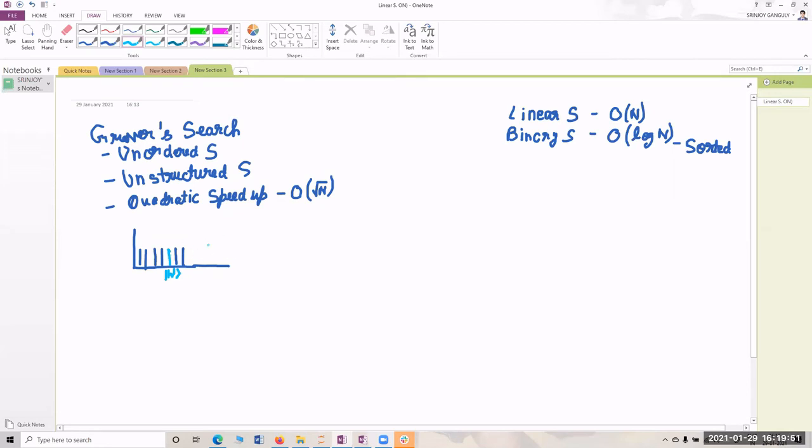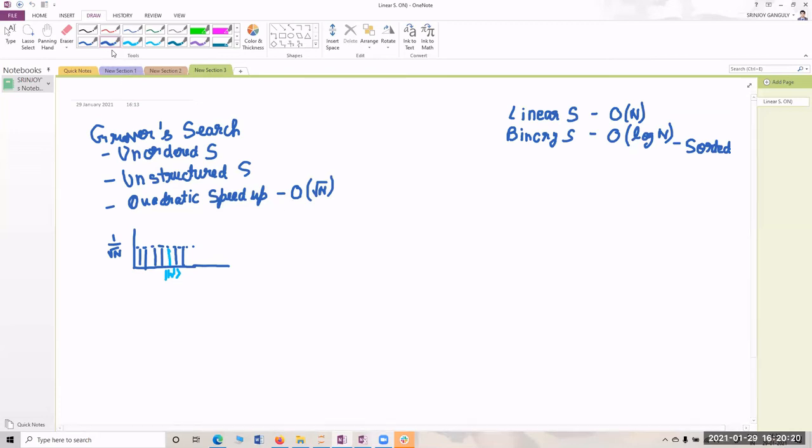Each is having an amplitude, and this is important to note, each is having an amplitude of 1 by root n, and you want to search for this element.